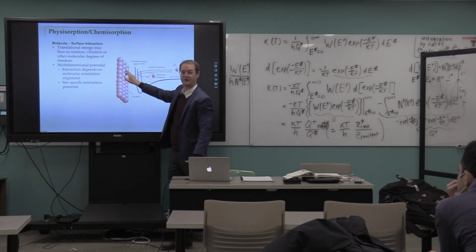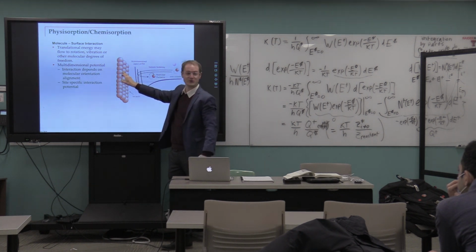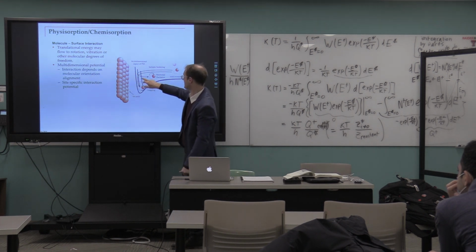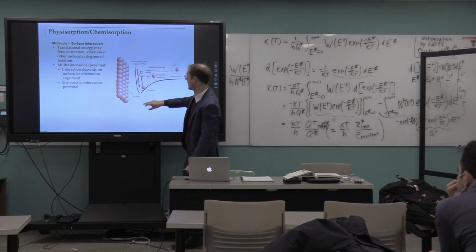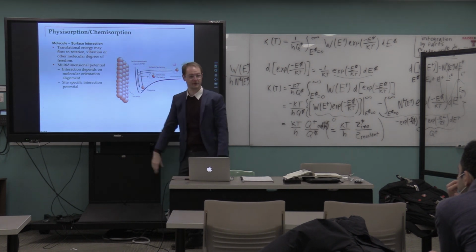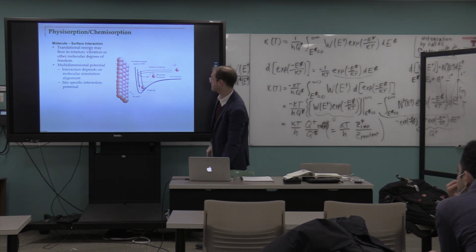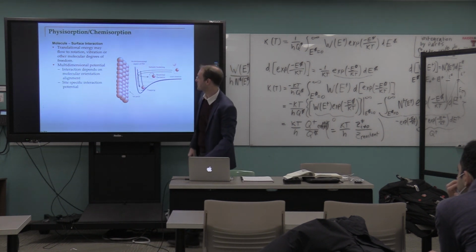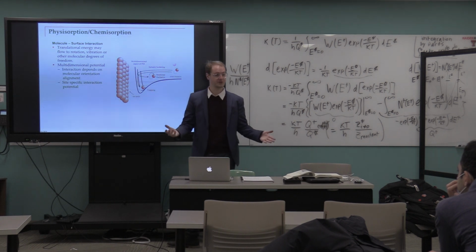So, on top of an atom would be different than, in a hollow site, for example. So you have different, basically, cuts through the potential energy surface depending on which orientation you're coming in at, which surface site you're scattering from, etc. Right? So you have a complicated multidimensional potential.